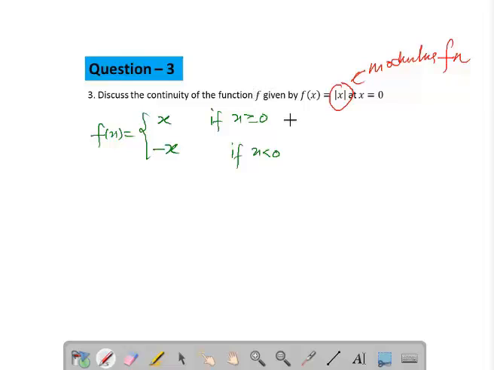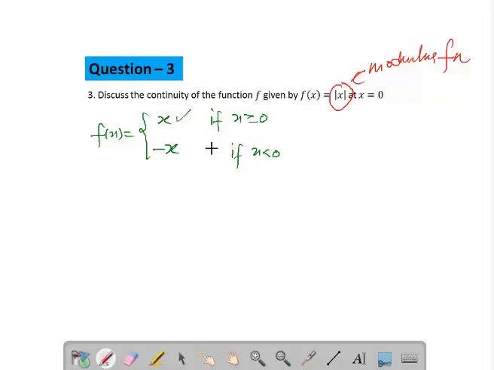Now, as per step 1, we need to find the limit of the function at x equal to 0. So at x equal to 0 means when x is approaching very close to 0. For this kind of function, the function is splitting at 0, right? When x is slightly greater than 0, we need to take this function.